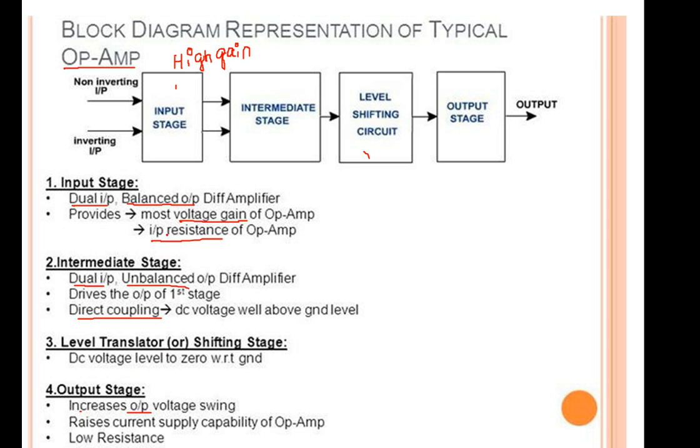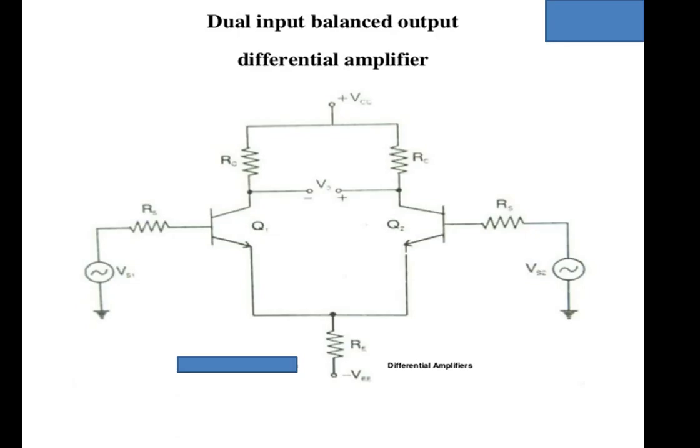So we have four blocks. I am giving a simple definition of the four blocks. Let us discuss one by one. The first block is the differential amplifier. In differential amplifiers we have four types.